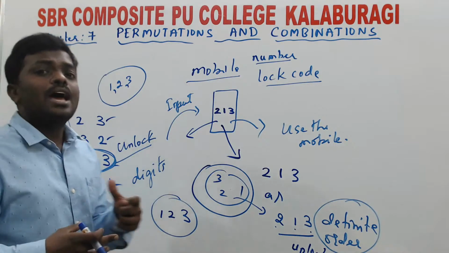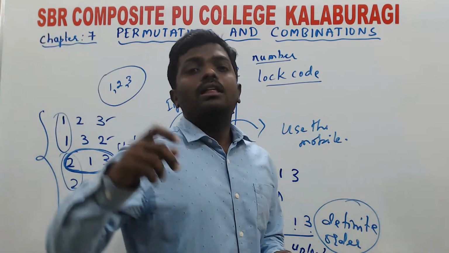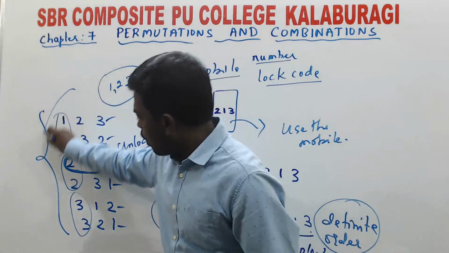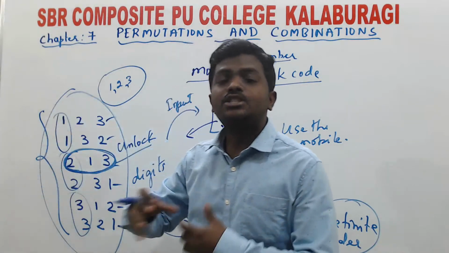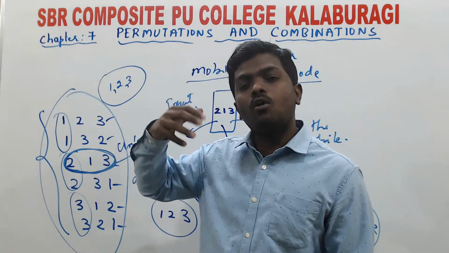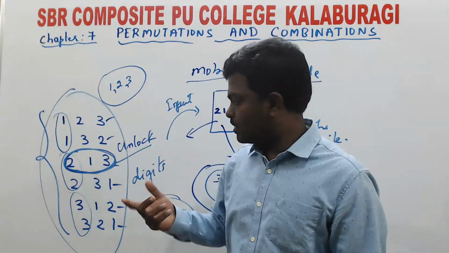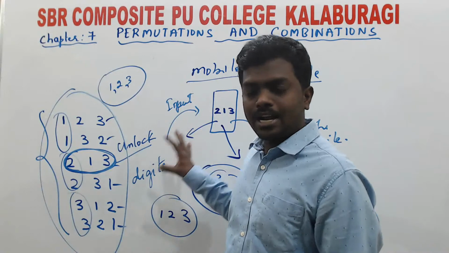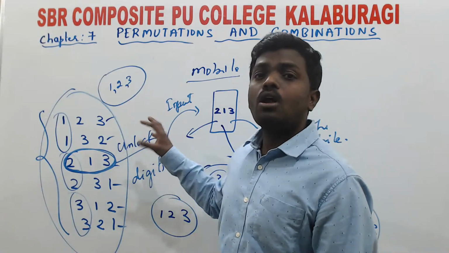Otherwise, though we have the same numbers, it doesn't unlock. So here we are not going to write down all the arrangements. We are just going to study how many ways or how many possibilities there are. Okay. So I hope this is understood. So now this is your permutation.